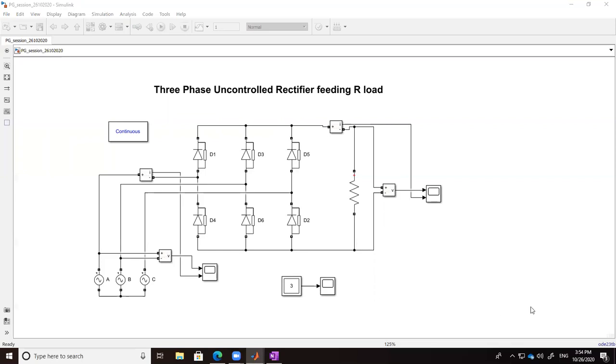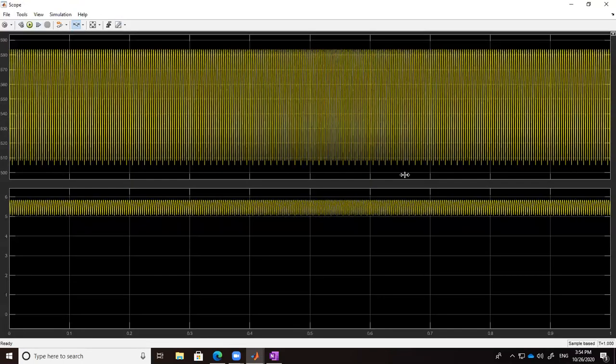Are you talking about output current or input current? This is the output current. Fine. So if I run this, okay, let us take two questions one by one.